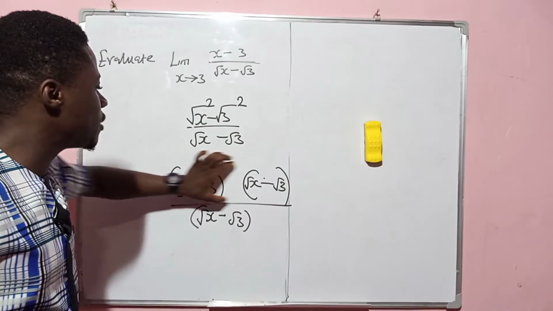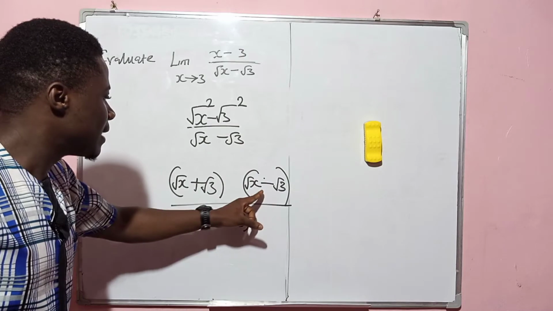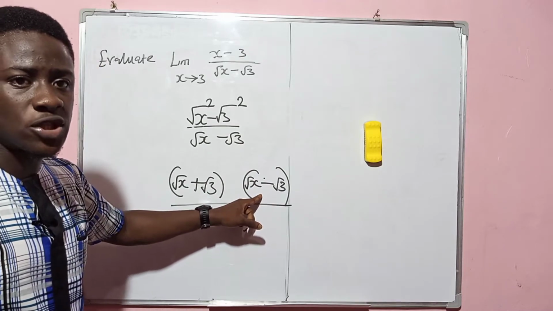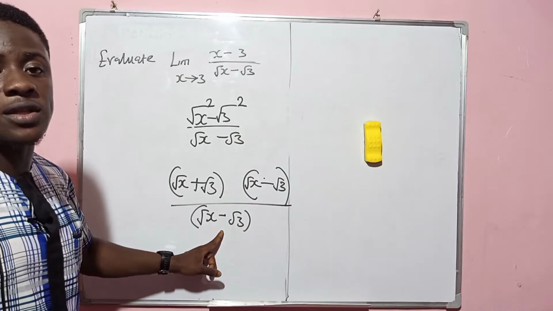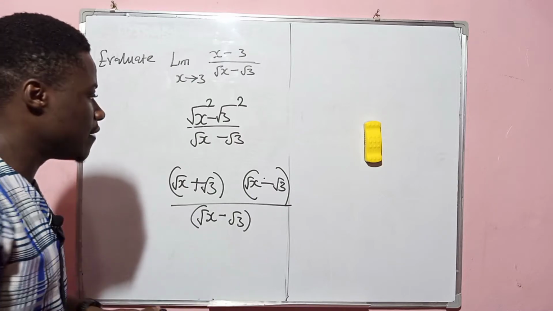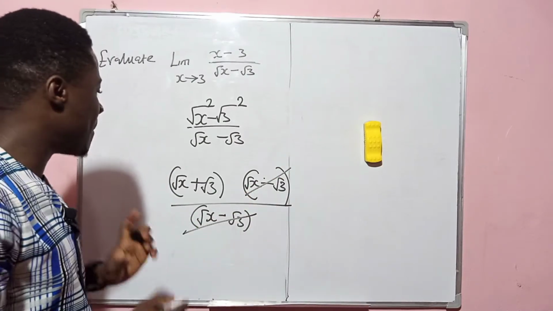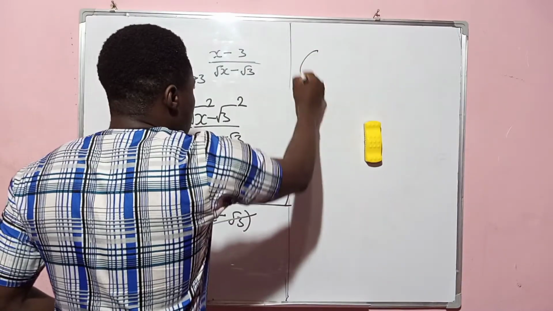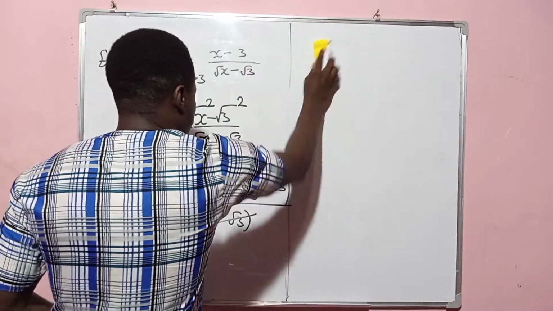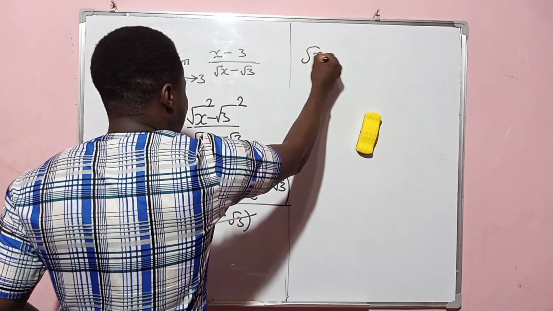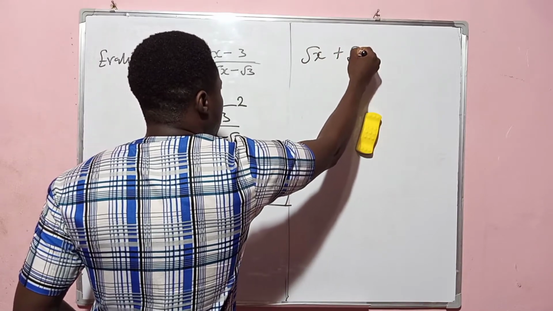Now, if we observe this numerator, one of the factors in the numerator is equivalent to the denominator. If that is the case, I can easily cancel out both. So I'm now left with square root of x plus square root of 3.